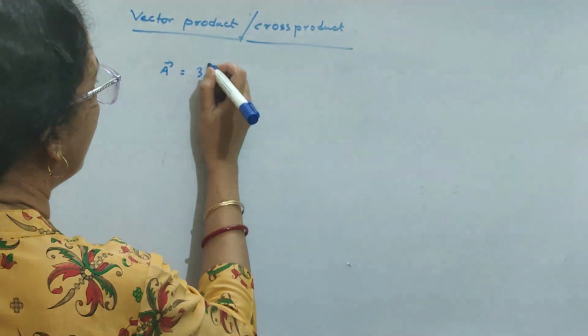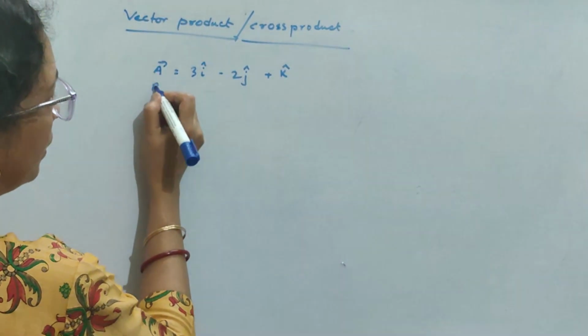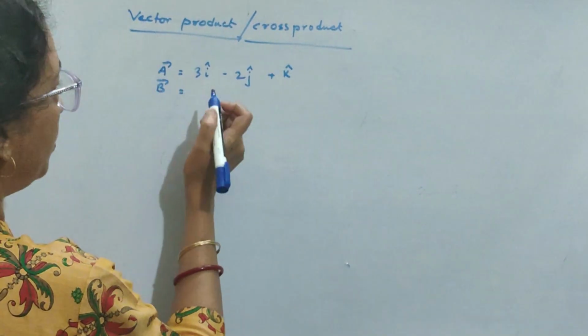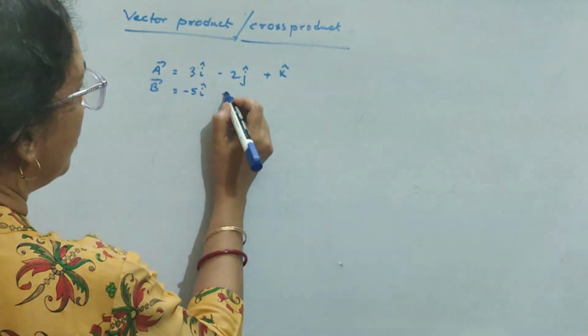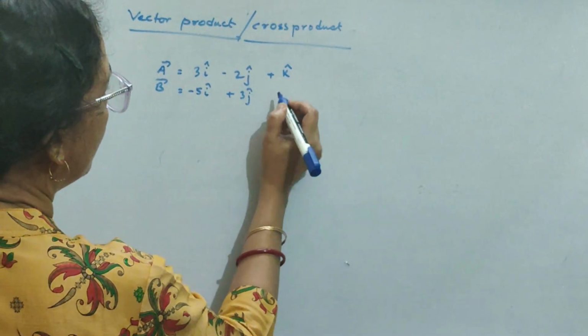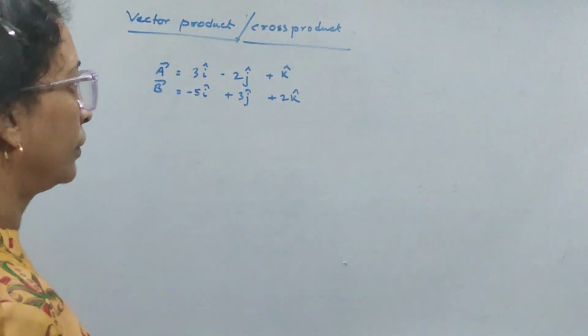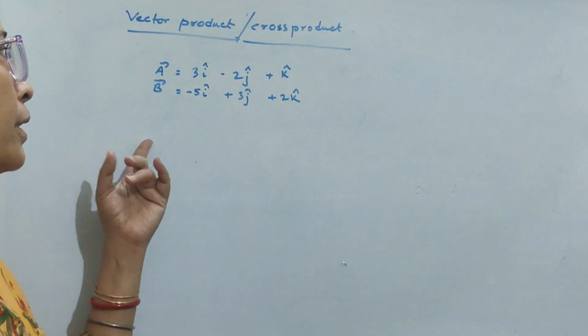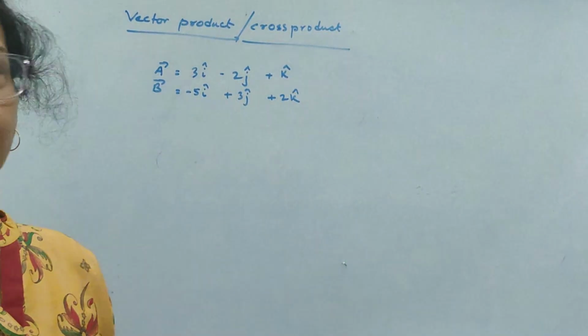So A is 3i minus 2j plus k, and vector B is equal to say minus 5i plus 3j plus 2k. We will take the cross product by taking the cross products of each pair.